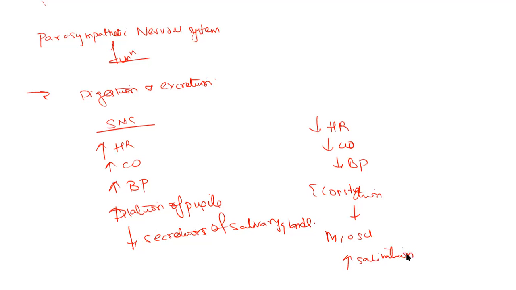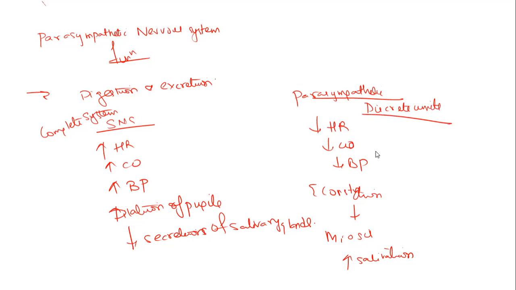Now, let me tell you about something. Due to the anatomic wirings in the body, the sympathetic nervous system operates as a complete system, means all the organs work together. Whereas in the parasympathetic nervous system, they function as discrete units.